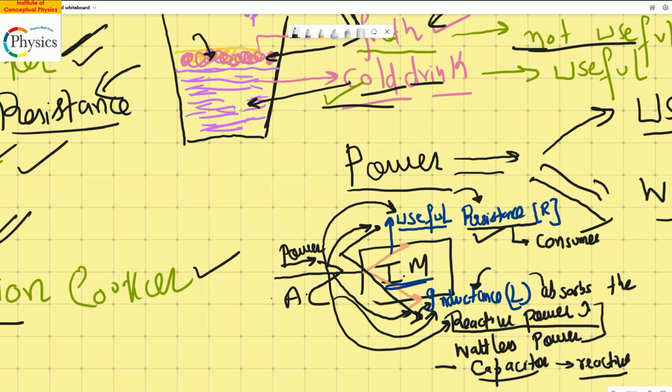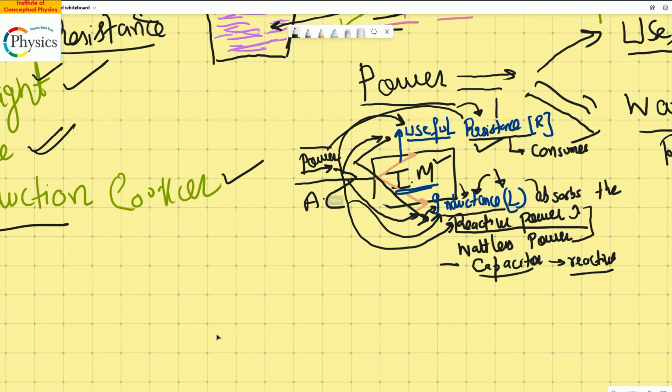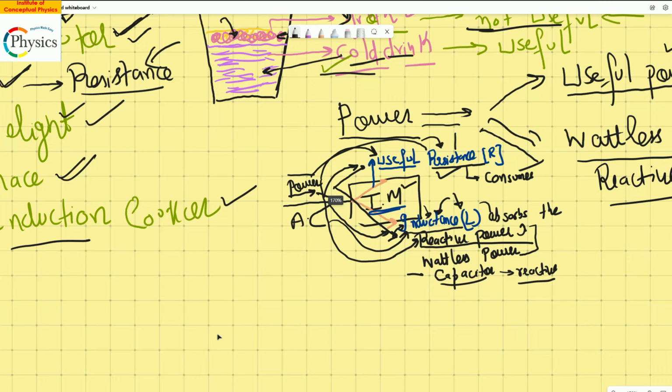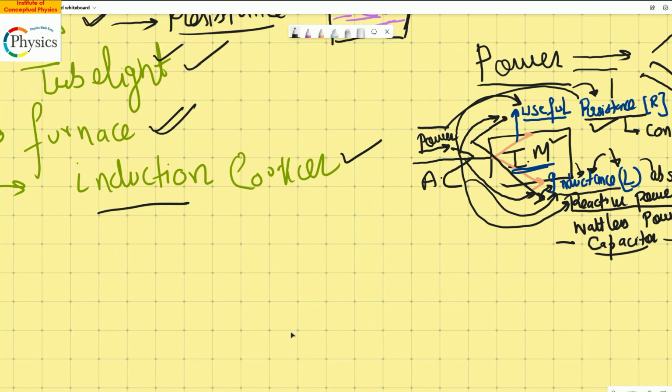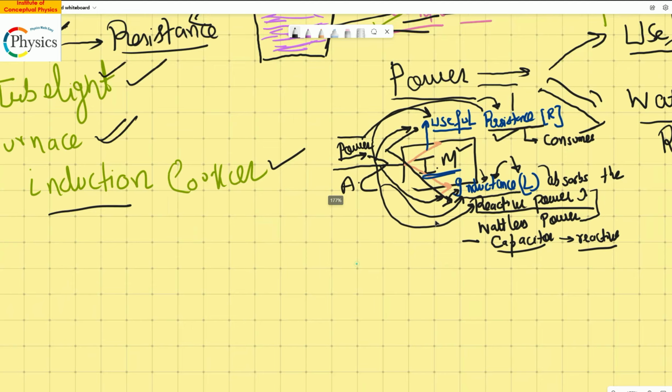Similarly, when the power enters the load, an induction motor which has resistor and L both, what happens to the power? The power sees the inductor. Some part of the power goes to the inductor, some part goes to the resistor. The power that goes to the inductor becomes the useless power, and I will give you the reason why. We will come to power factor, but before you really start solving these problems, you need to understand the meaning of the word power and how the power is getting split into useful and useless components.